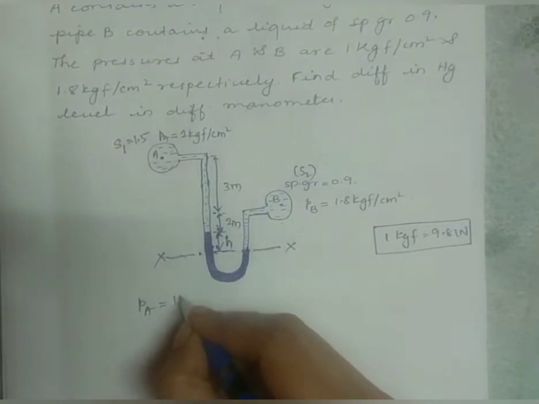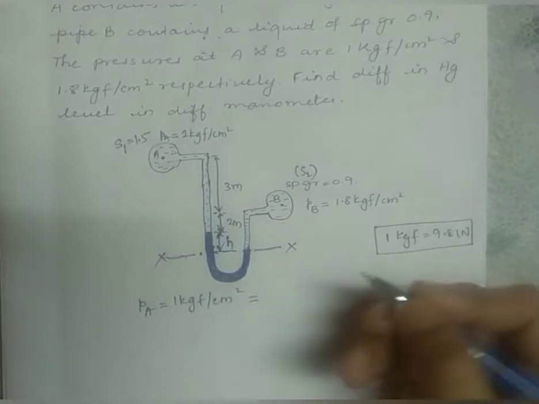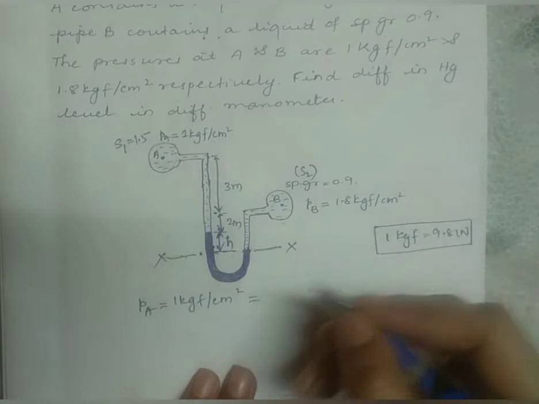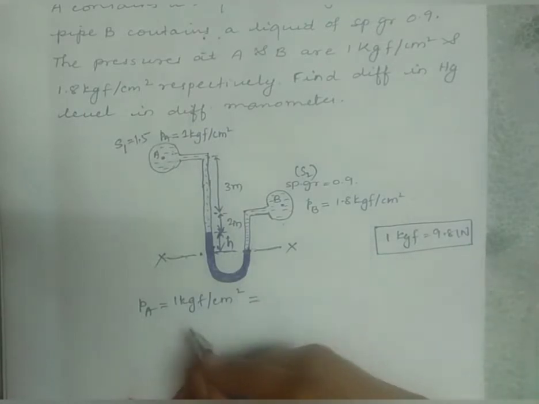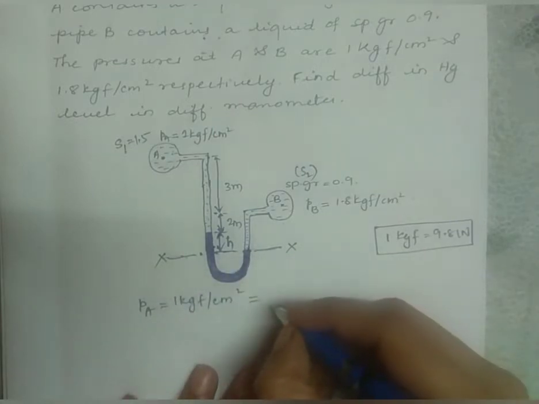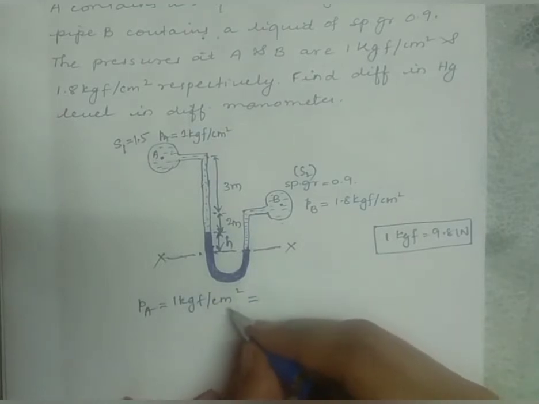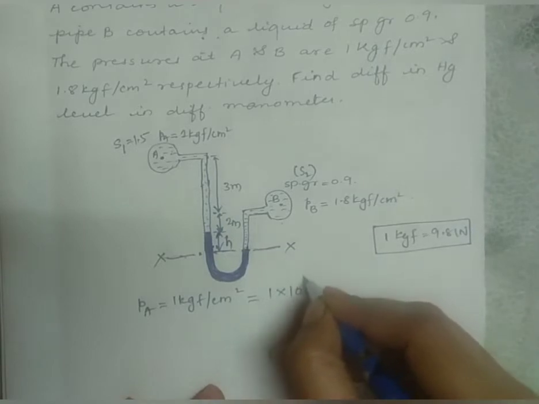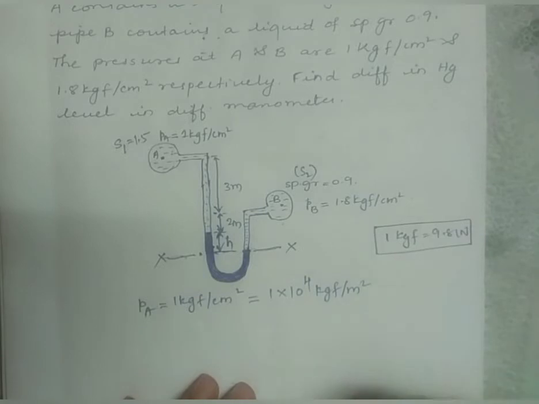It is given as 1 kilogram force per centimeter square. I am converting it into Newton per meter square, so it will be more convenient to substitute. You know that 1 kilogram force per centimeter square is equal to 1 into 10 raised to 4 kilogram force per meter square.